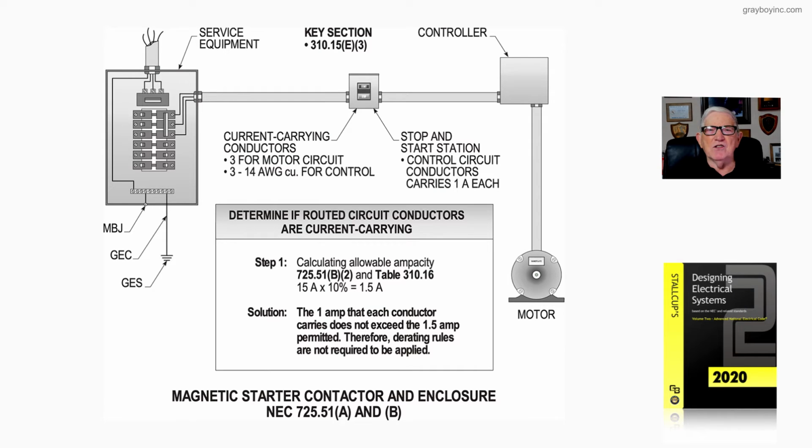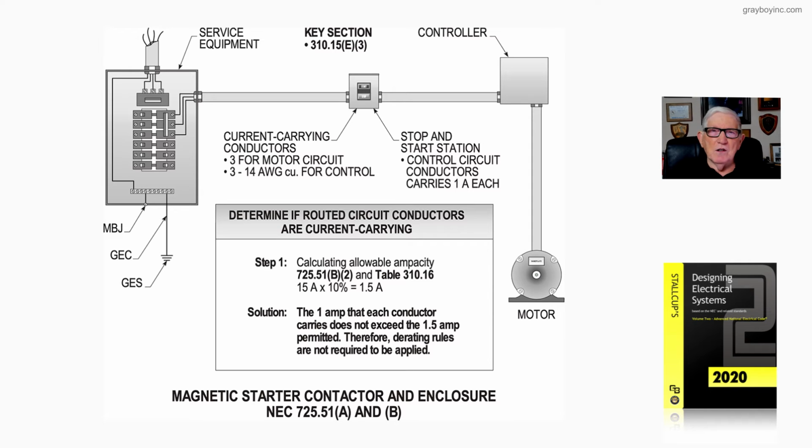Now another key section you see in the illustration is 310.15, and we can pick up E3, we can pick up E1, and that E is on page 160. And we're looking at 310.15E.